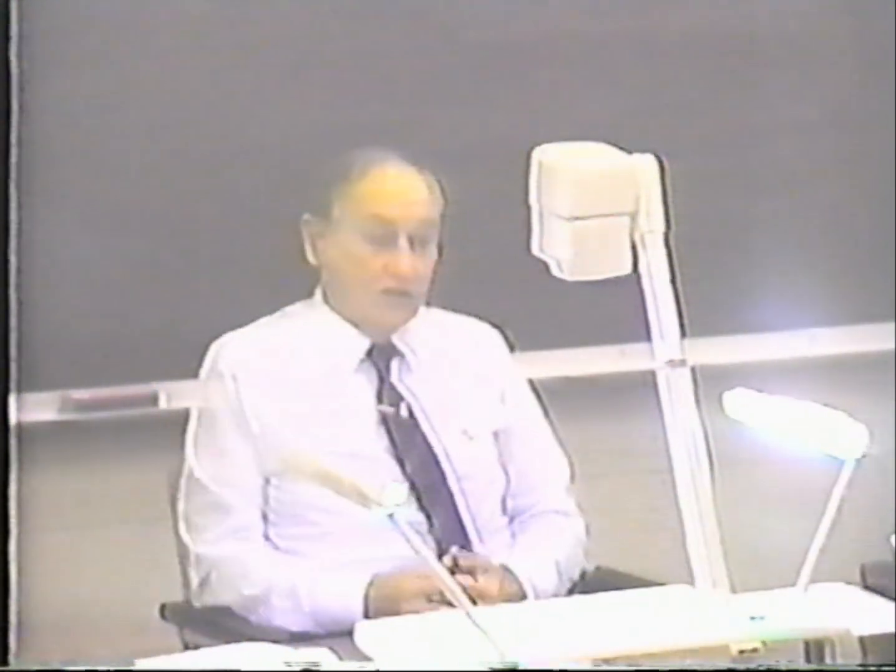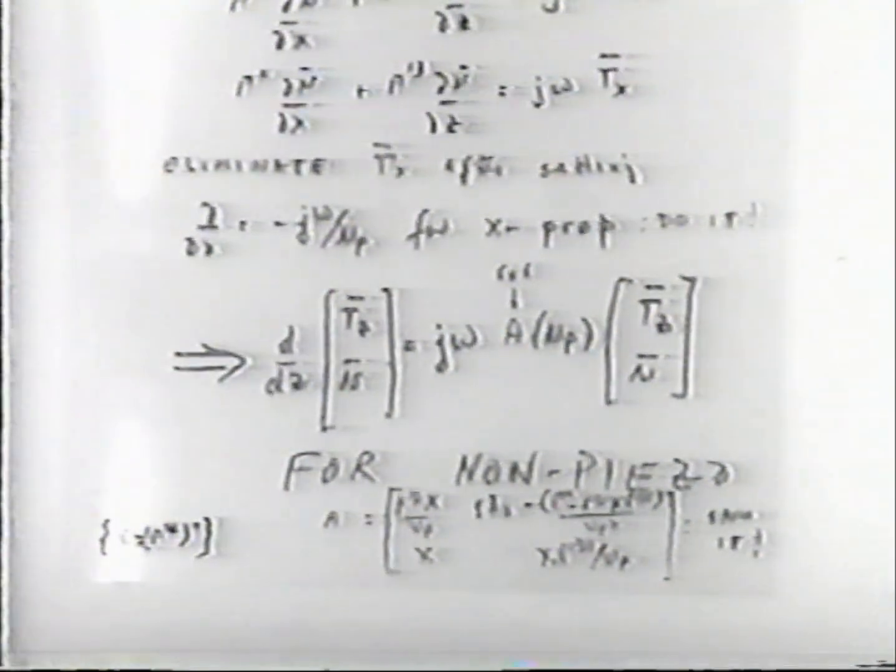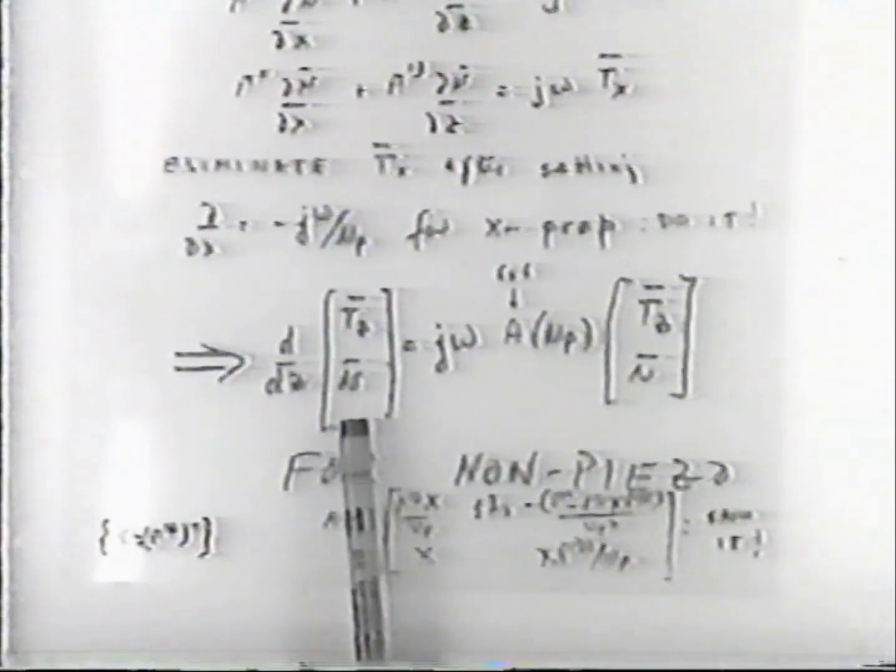No, 6 by 6, because T_z is 3 elements, T31, 32, 33, and there are 3 particle velocity field components, V1, V2, V3. So the equation which is pointed at by the arrow, d/dz, that's a 6-component vector.